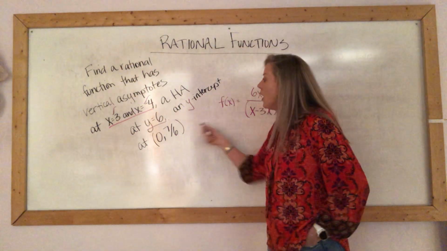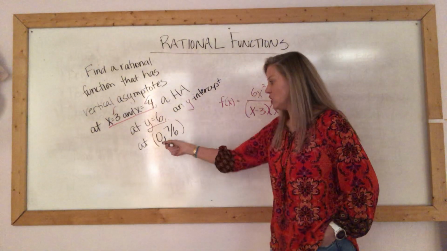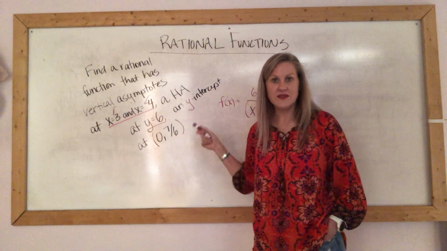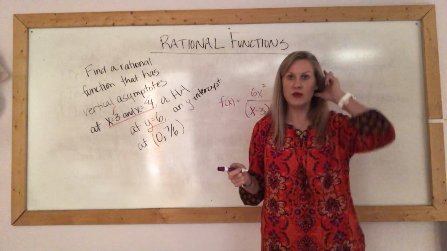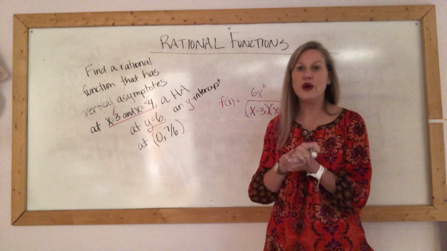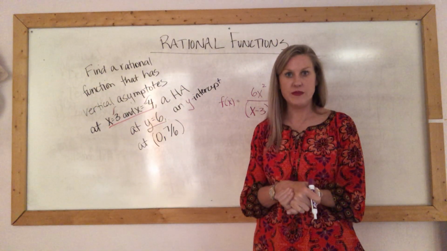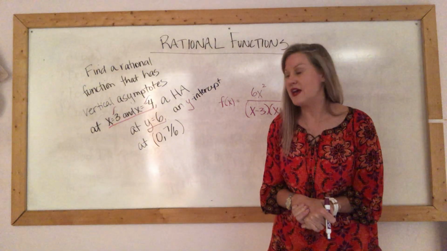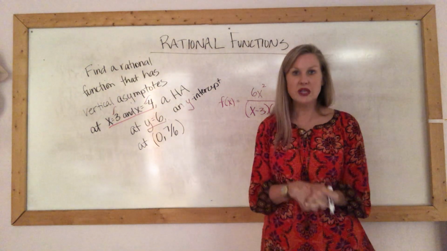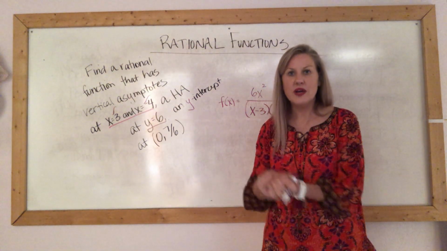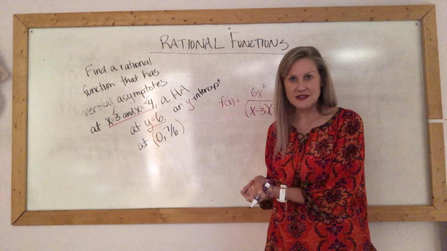So if I want to have a y-intercept of 0, 7/6, I need to remember back to what I had written on the board earlier about how to find a y-intercept. Well, a y-intercept is when we plug a 0 in for x.